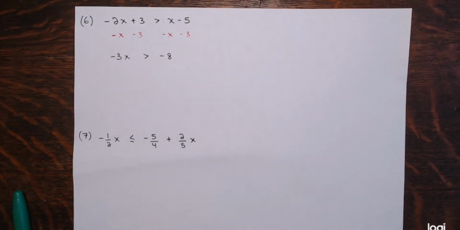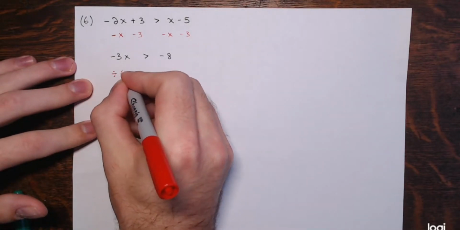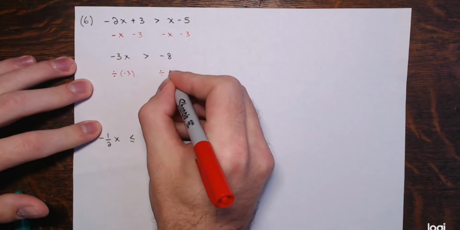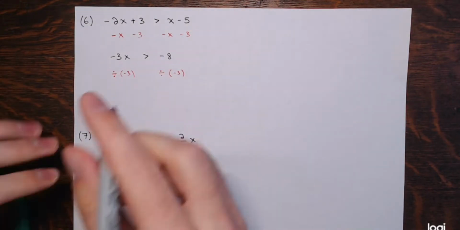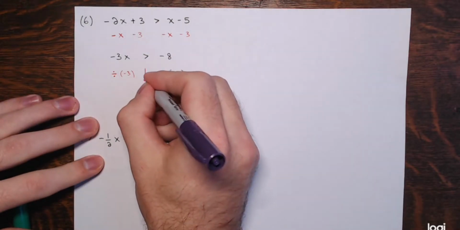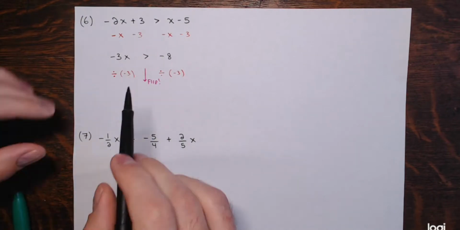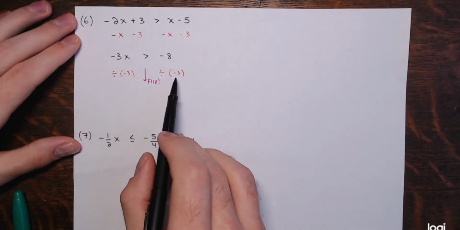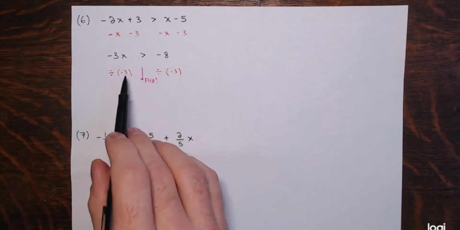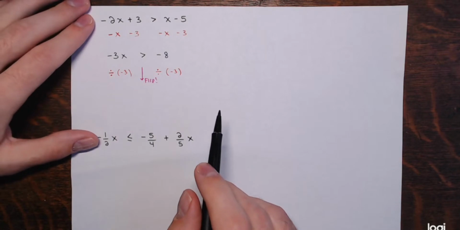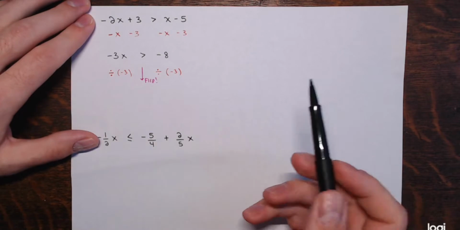And then I would divide both sides by negative 3. And now the symbol will flip, and I'll write that here. I'll say this every single time it happens: we're only going to flip the symbol when we multiply or divide both sides by a negative number, or if we switch sides, but that's why I want the variable on the left, so I don't want to switch sides.